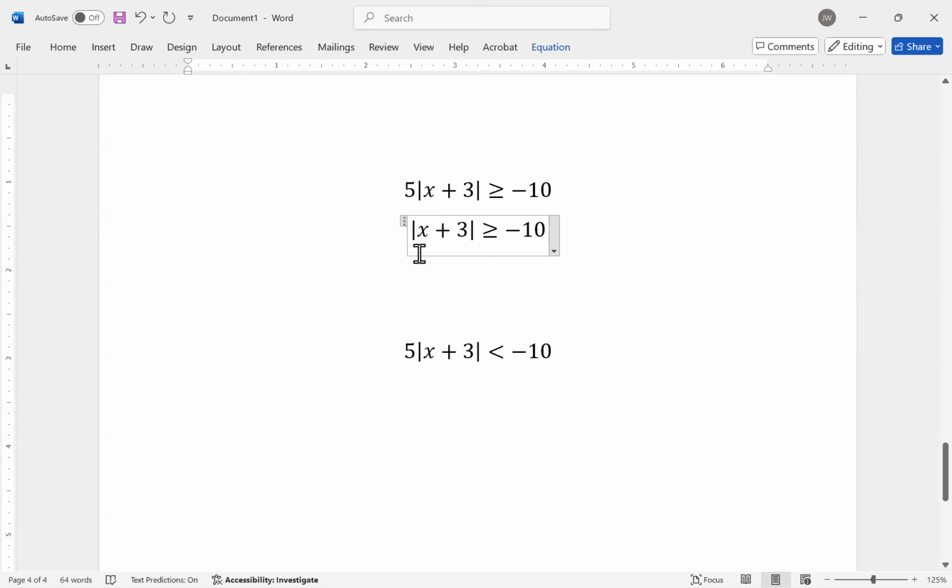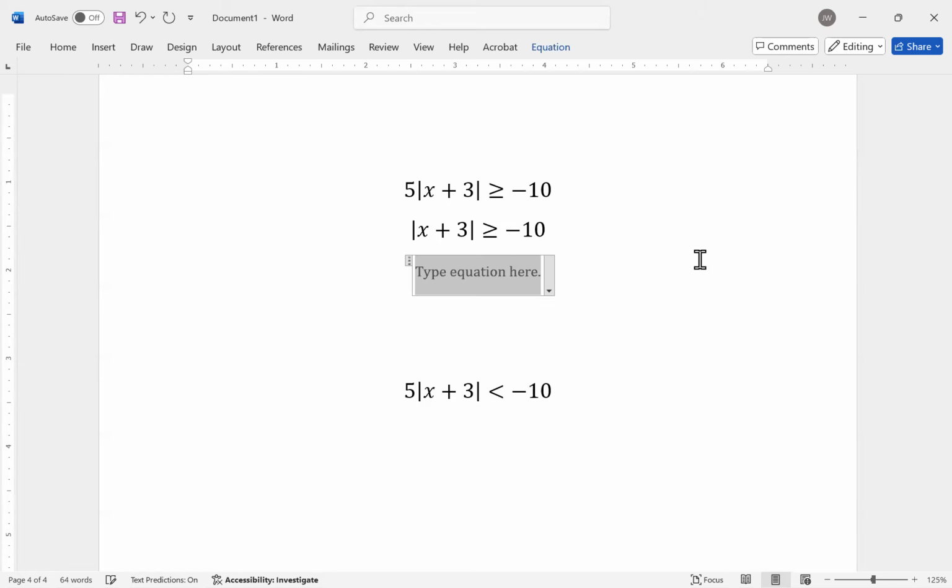So here we have a non-negative or a positive number on the left, and it's stating that that needs to be greater than or equal to -10. Well, that is always true.